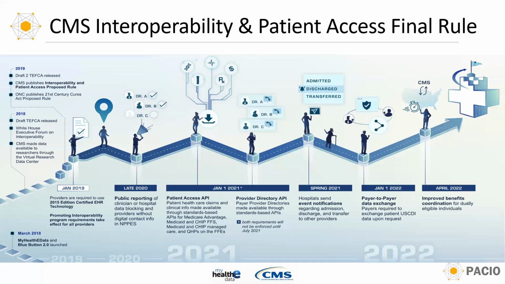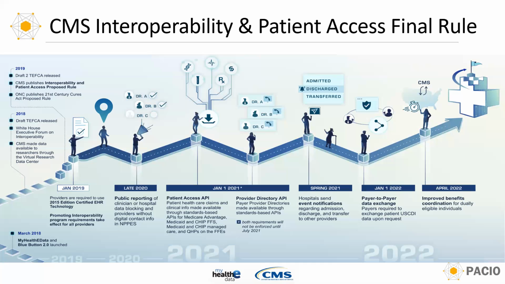A payer-to-payer data exchange requirement, in which CMS regulated payers are required to exchange certain patient-level clinical data, specifically the US Core Data for Interoperability, USCDI version 1 dataset, which I'll talk more about on the next slide. At the patient's request, this allows the patient to take their information with them as they move from payer to payer over time to help create a cumulative health record with their current payer.